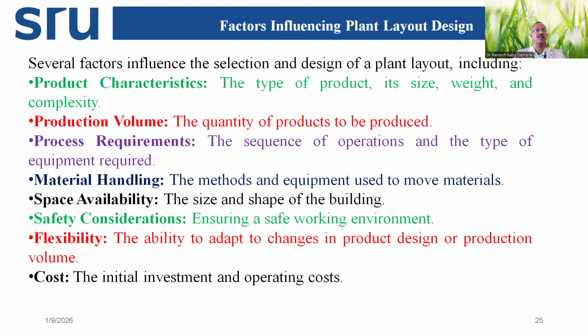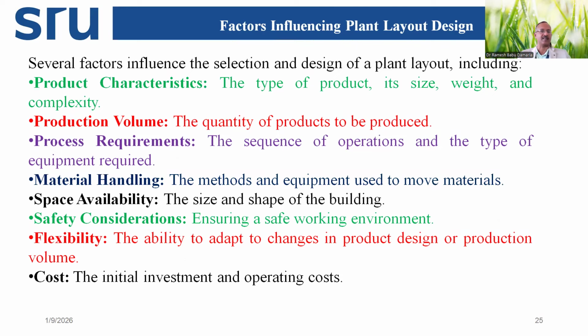This order, then batch production kind of facility like process layout suits. If we want to make only 1 or 2 numbers, then it is a project production. Fixed layout suits. And sometimes when you make batch productions in large quantity, cellular layout will suit.